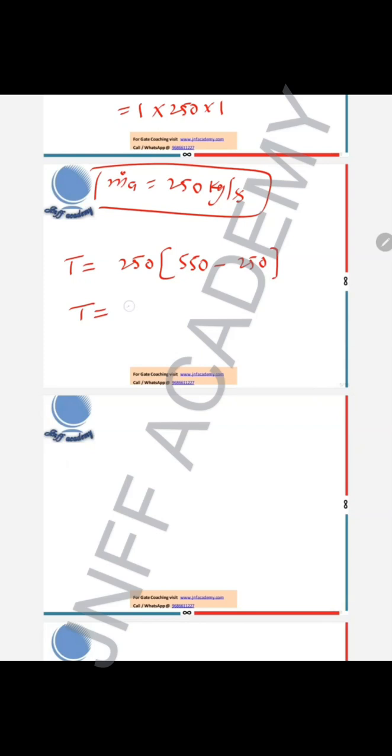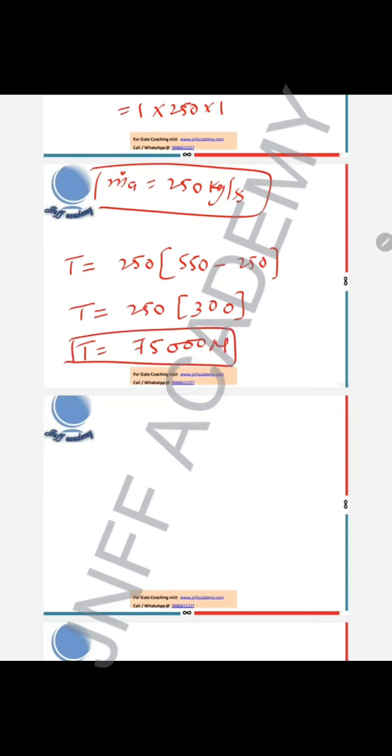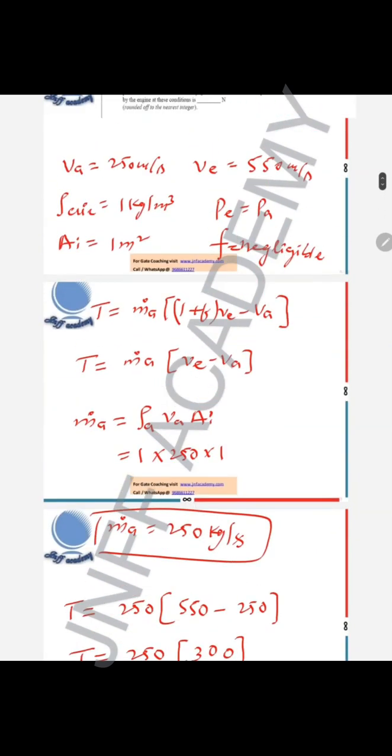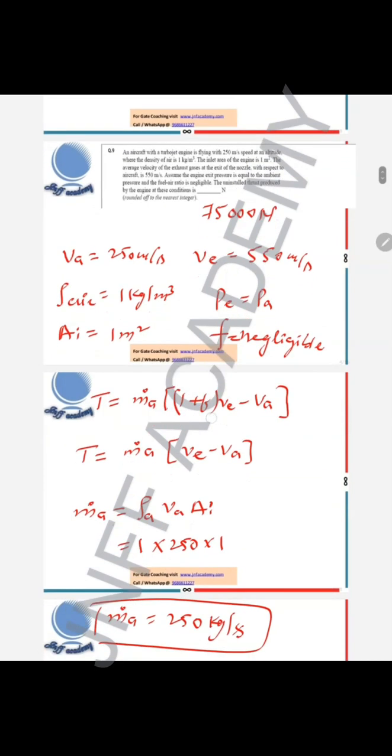So thrust T is equal to 250 into 300. If you multiply this, you will get 75,000 Newton. What is the answer? The integer is 75,000. That is the answer, 75,000 Newton. This is the answer for this question.